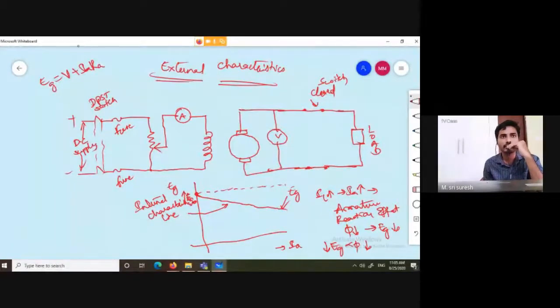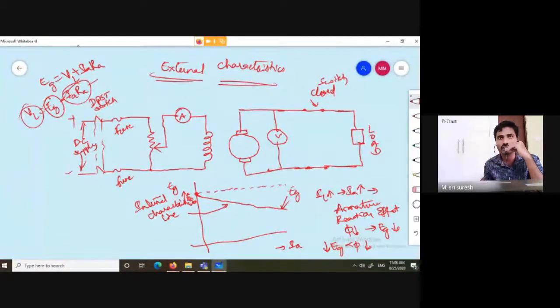Here V is nothing but VL, the load voltage. Load voltage can be obtained from this equation as EG minus IARA. So if you subtract IARA from this EG line, then we'll get the VL value.